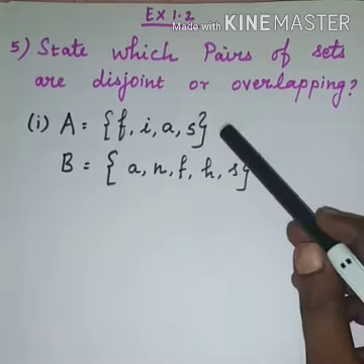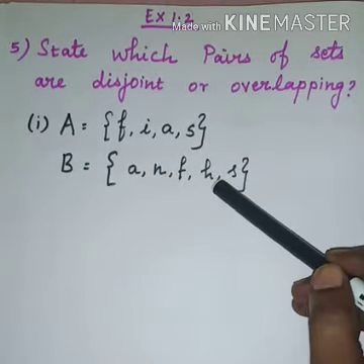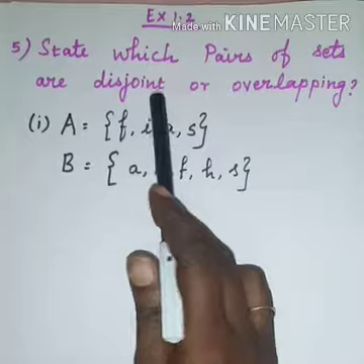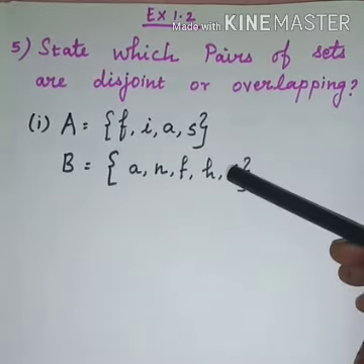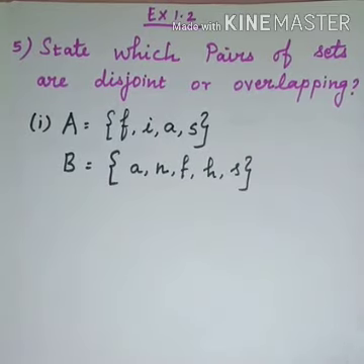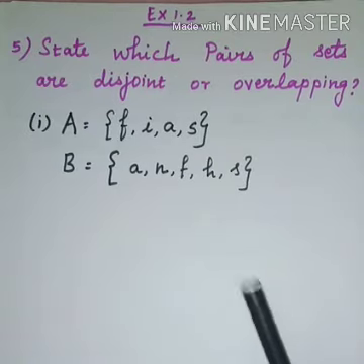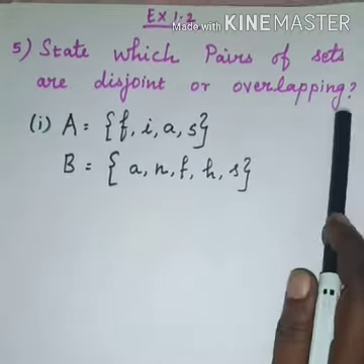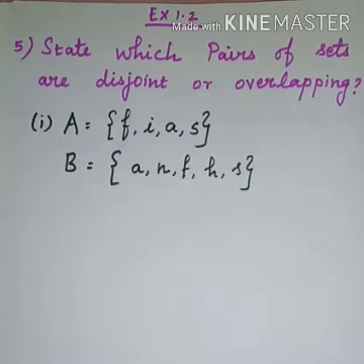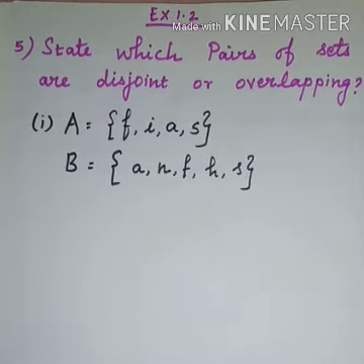If A and B have no common element, then it is called disjoint. If A and B have at least a minimum of one element in common, then it is called an overlapping set. Now we have to find whether A and B are disjoint sets or overlapping sets.